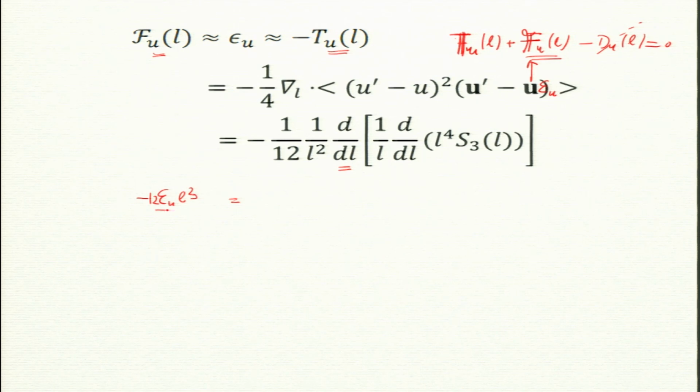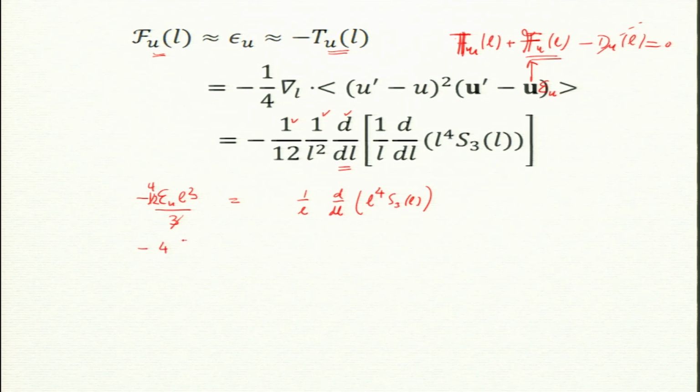So this will be L cube by 3. I have done this one and this one, these operations. 12 L square went to the left, and the d by dl integral is 1 by L d by dl of L^4 S3 of L. Now the 1 by L is sitting here, again take it to the left.